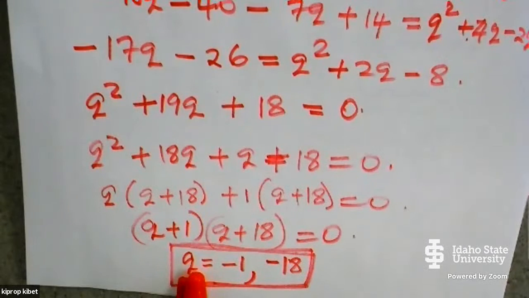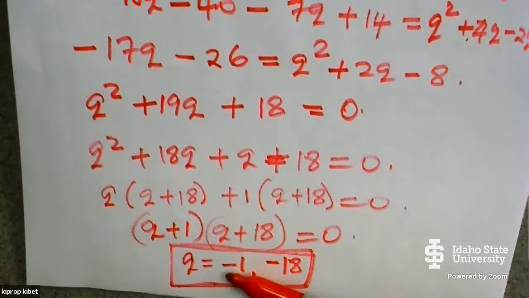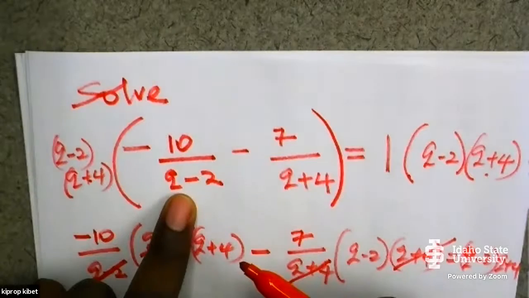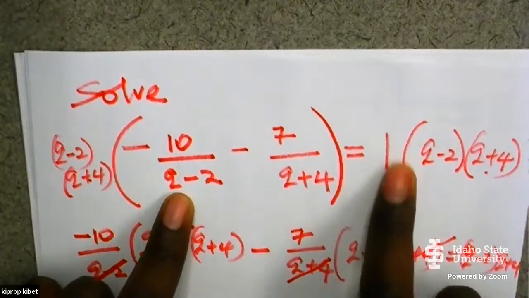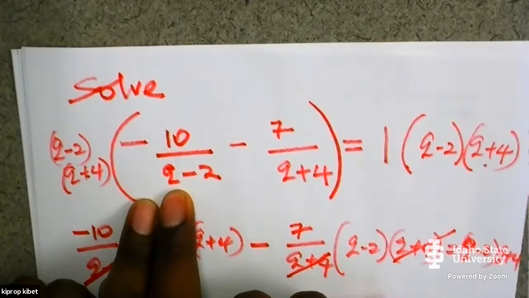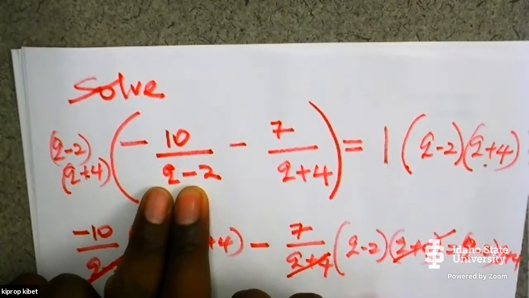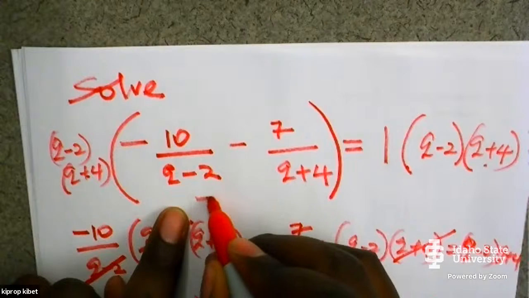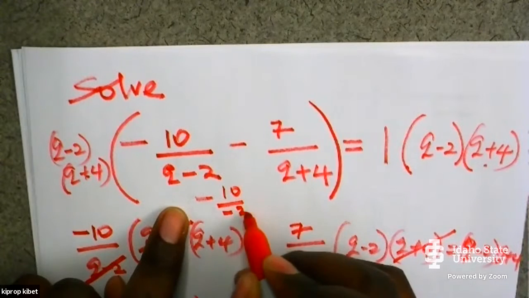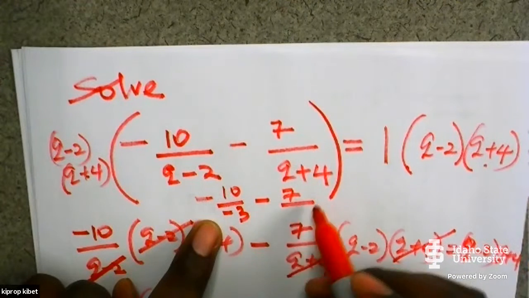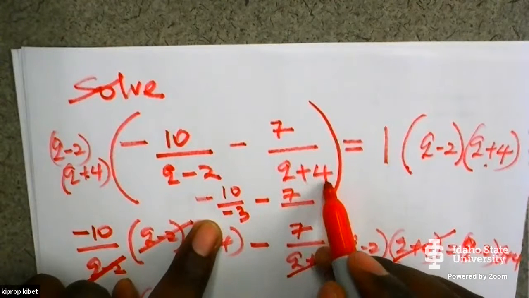Okay, so if you want to check if you're getting the right answer, let's slot in -1 here. We see whether we're going to get equals to 1, okay? So minus 10 all over, minus 1 minus 2 is what? -3. So minus 10 all over minus 3, so positive. Then 7 all over minus 1 plus 4.